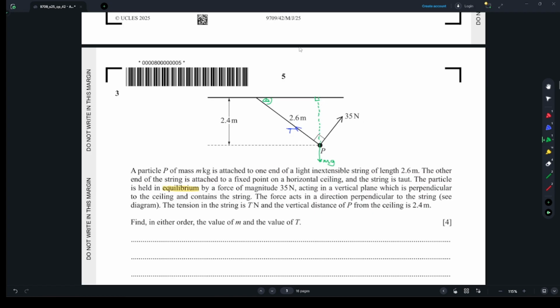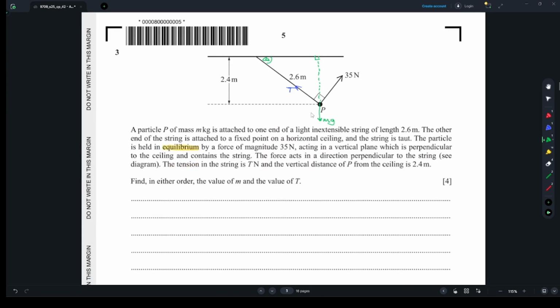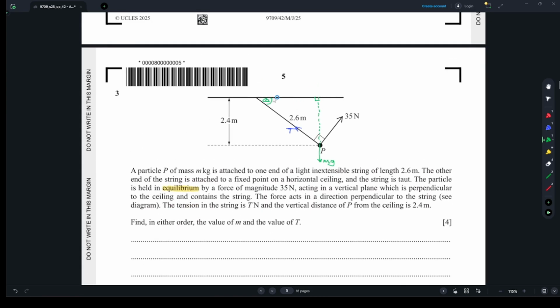And so you can apply Pythagoras. By applying Pythagoras, you can find out this length, the adjacent. So the hypotenuse is 2.6. So 2.6 squared equals, let's say the adjacent we don't know, a squared, plus the opposite, 2.4 squared.